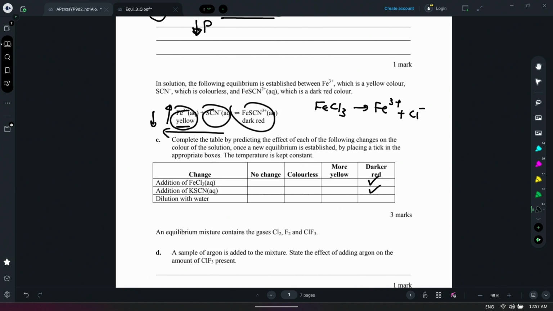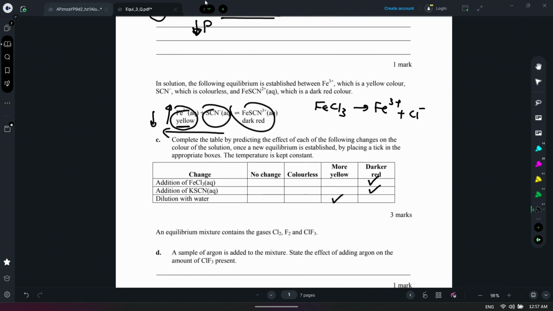What will happen? It is going to become more yellow, but the intensity of the yellow color is still going to be lower than before you add water, right? Because when you add water, the concentration of everything decreases, but the system can only partially oppose the change.